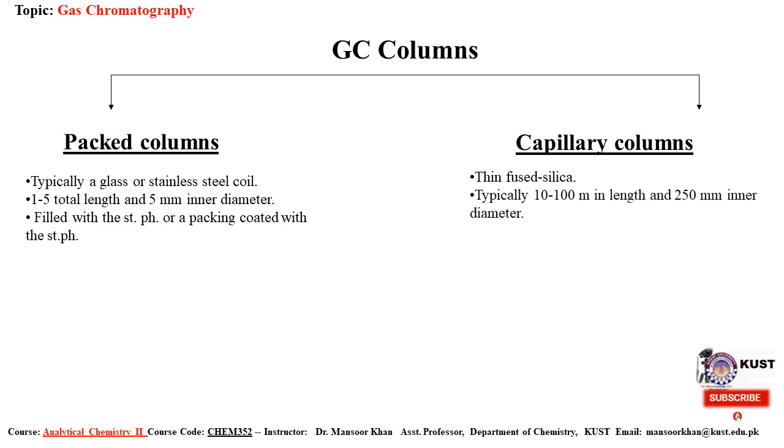Its length is from 10 to 100 meters and 250 micrometers inner diameter. The stationary phase is either coated on the support material or the support material by itself acts as the stationary phase.